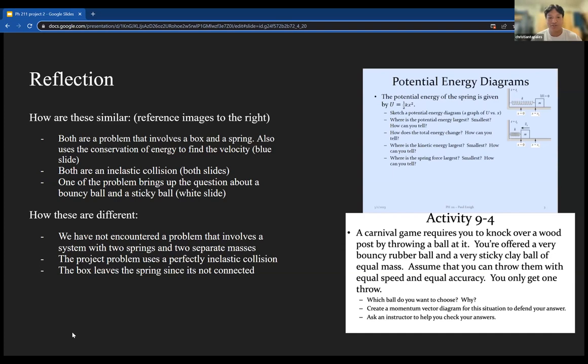How these are different is that the blue slide has a box connected to a spring, and in ours, the box is not connected to the spring, it's just touching it and using the spring. Our problem is also a perfectly inelastic collision, and the problems to the right are not.